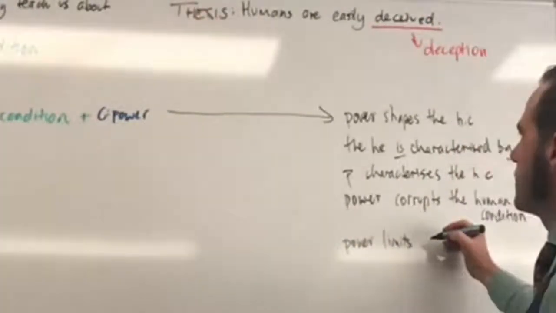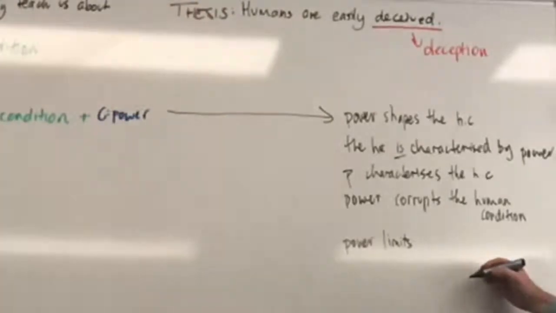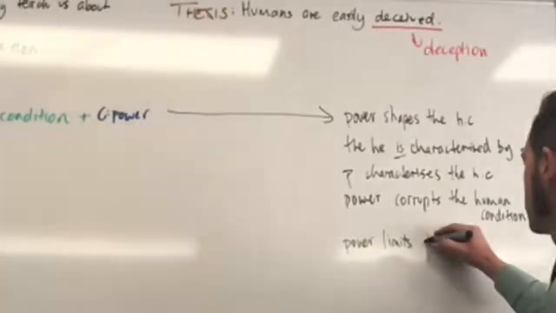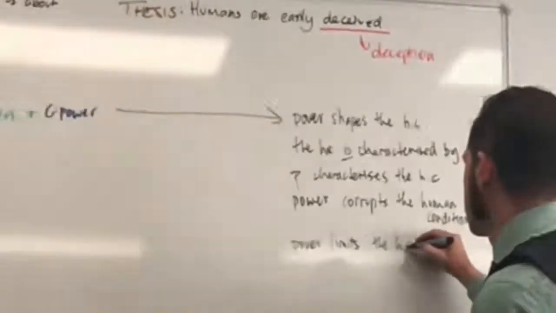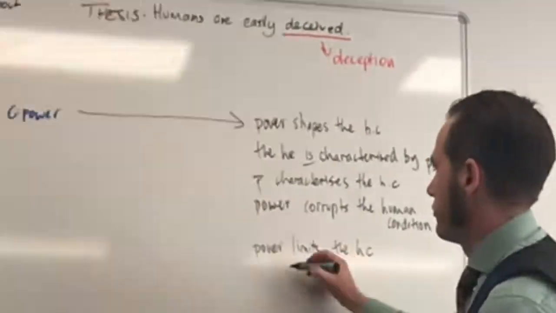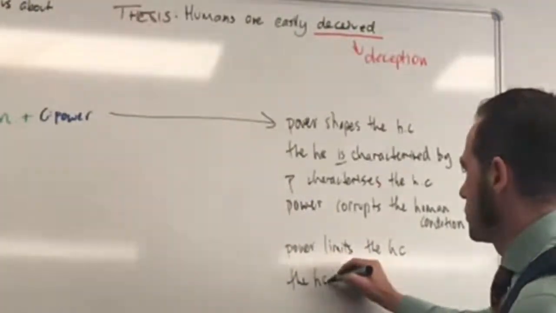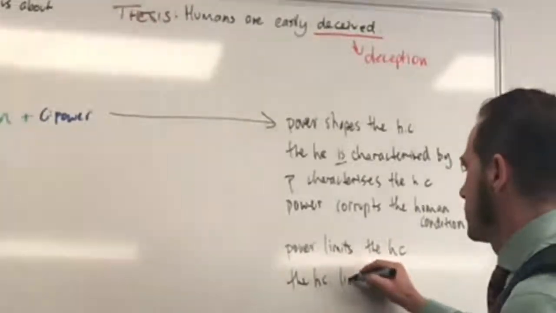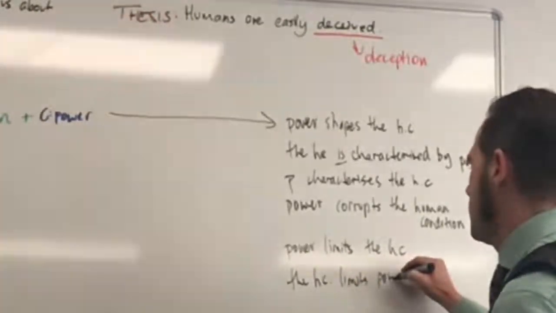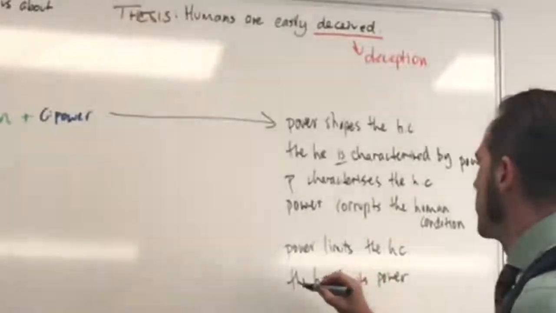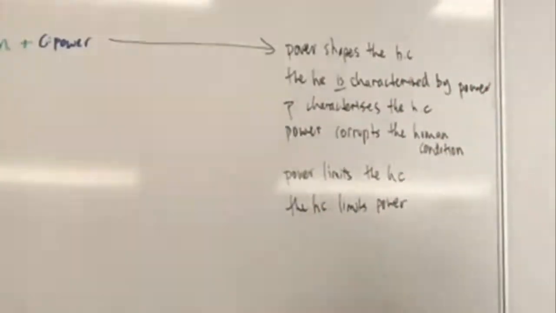So remember, in this process, we're just throwing things out there. We're just playing around with it. Human condition. I could flip it around. The human condition limits power. Then I could keep going on like that. So normally I will do a whole list of them.